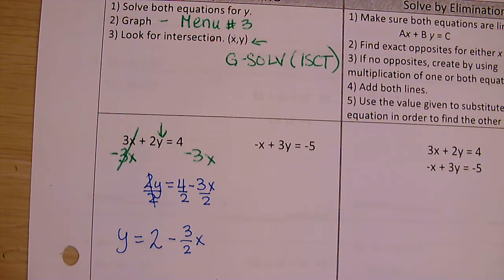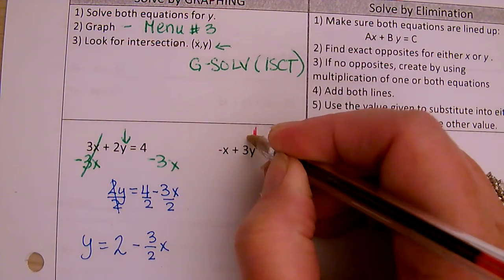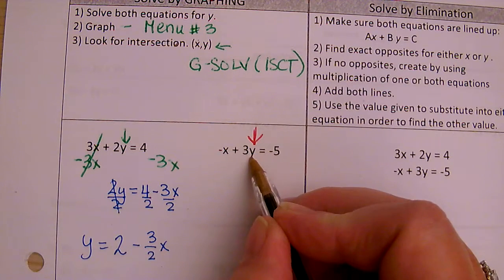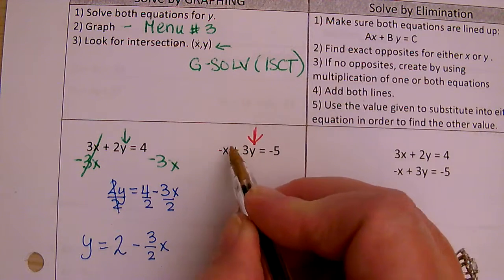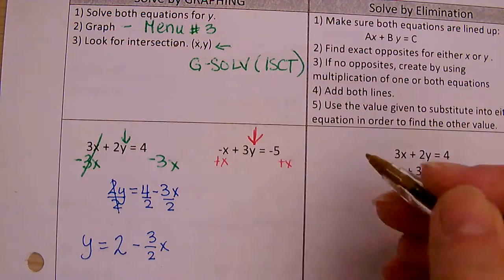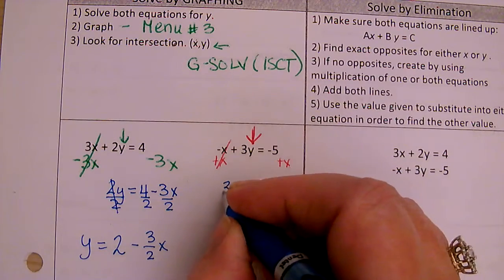So I'm halfway there, and now I'm going to solve the second equation for y. So we're going to get started. That's what I want, so I've got to get rid of what's with it. So I'm going to go first over here to the x and get rid of the x. And what's left, bring it on down.